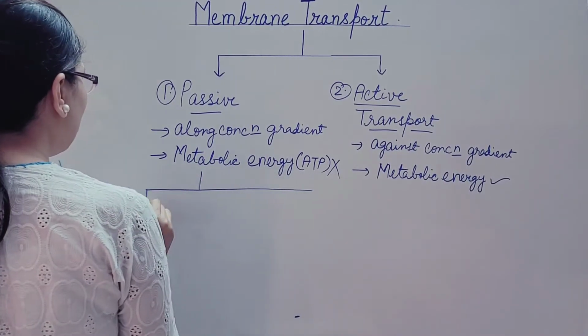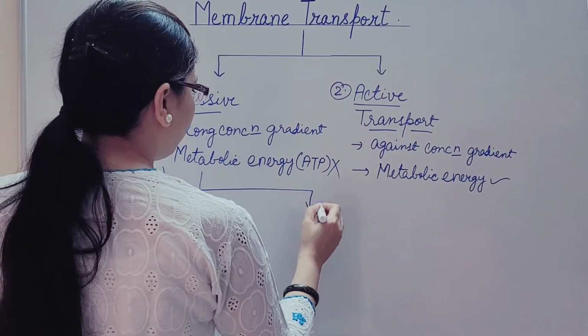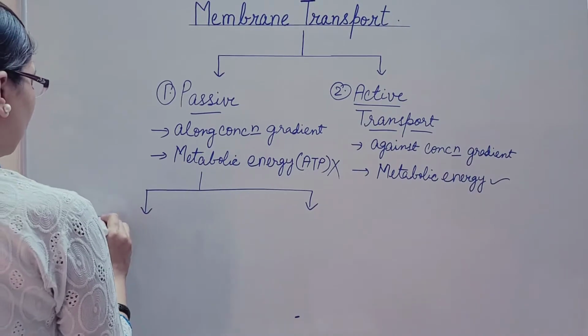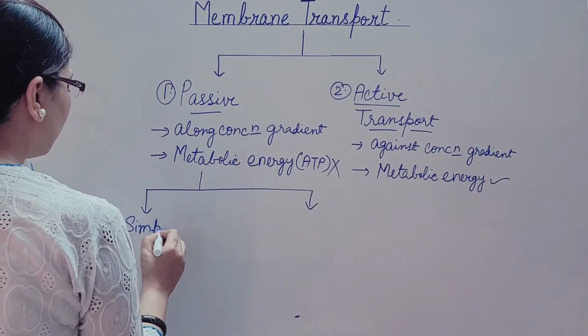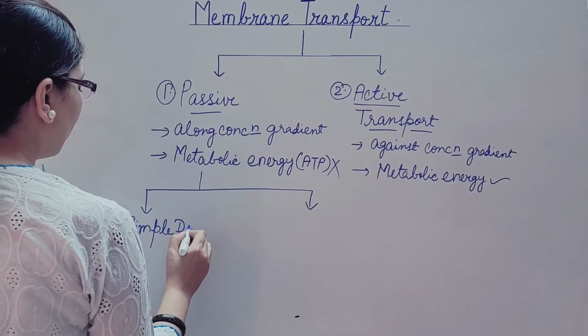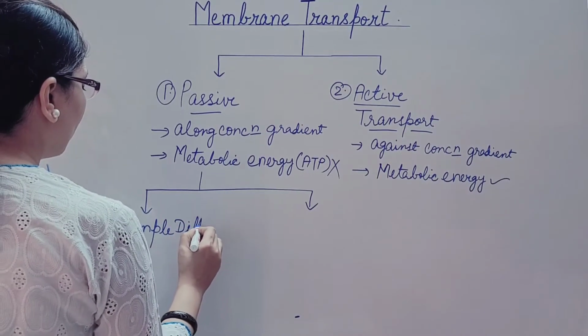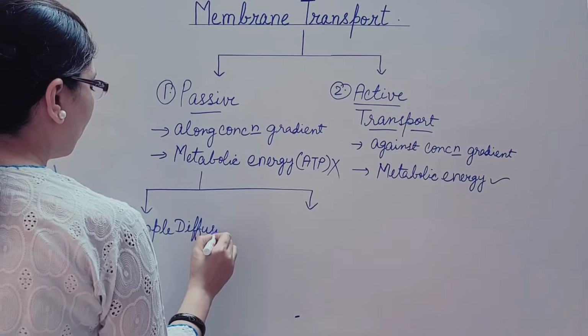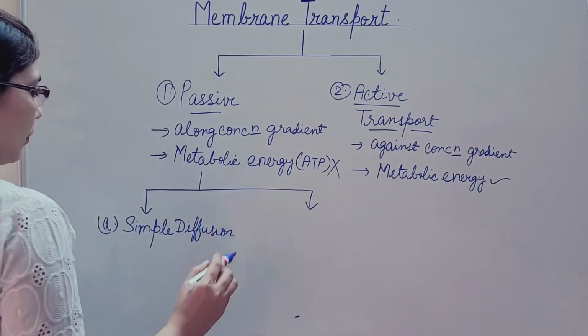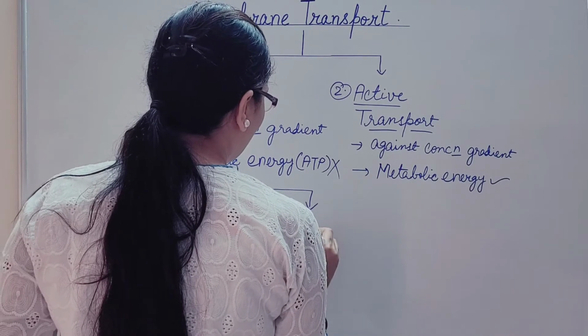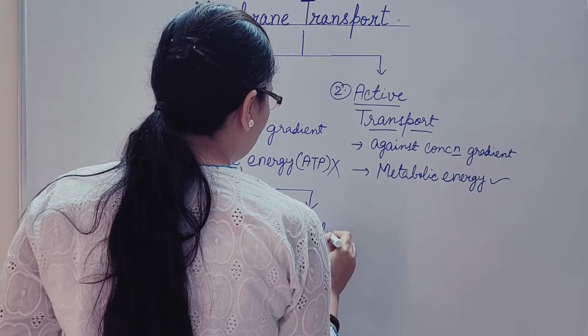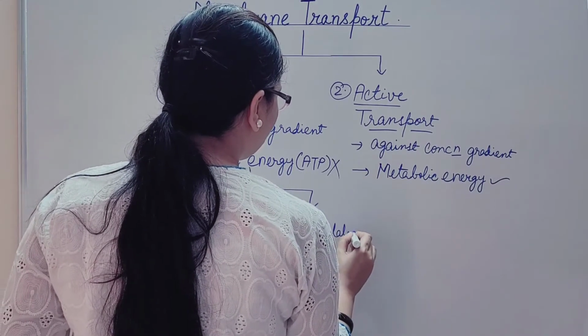Passive transport is further classified into two types: simple diffusion and facilitated diffusion.